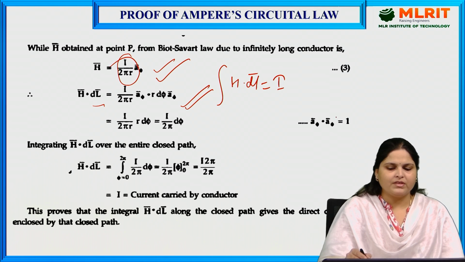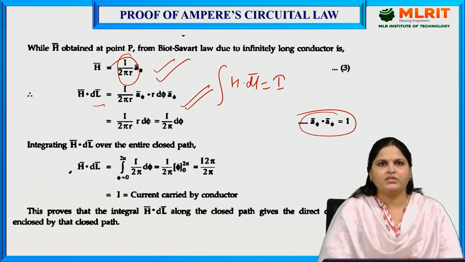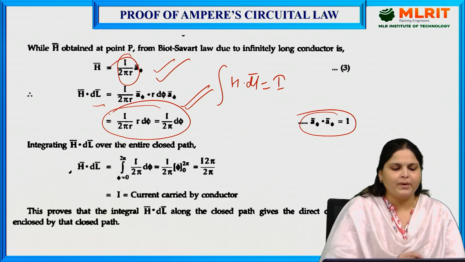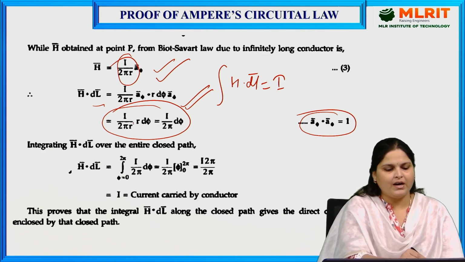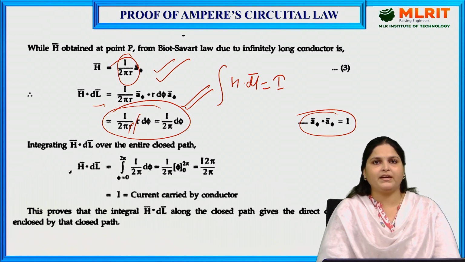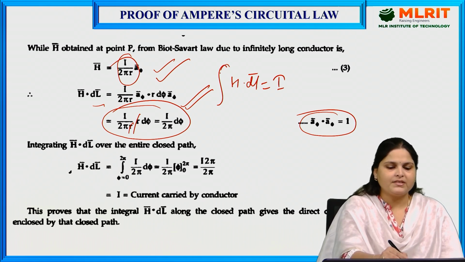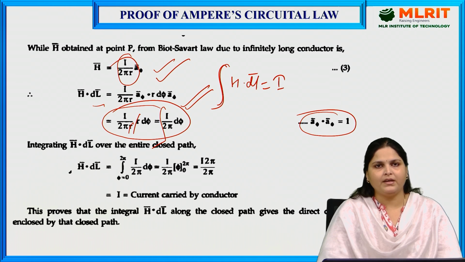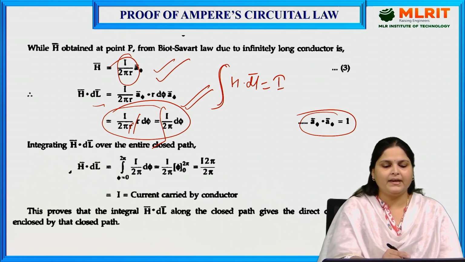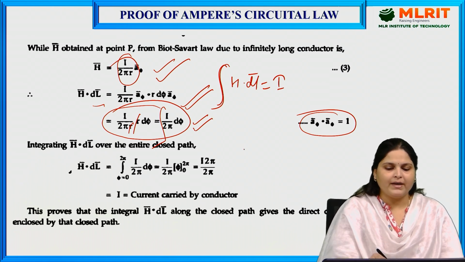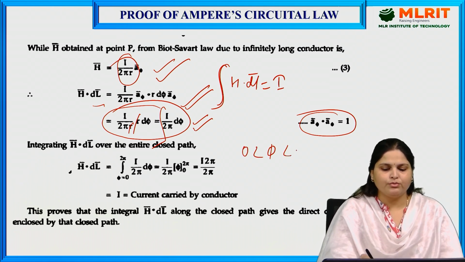Now we have this dot product a phi dot a phi, which is 1, and ultimately the formula becomes I upon 2 pi r into r d phi, where r and r cancel, and finally we get I upon 2 pi. Now because integration is there, we need to integrate this value I upon 2 pi with respect to d phi, and we need to put a limit because the integration is with respect to phi, and we know the limit of phi is from 0 to 2 pi.